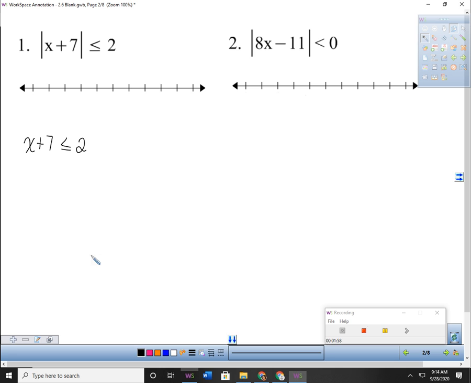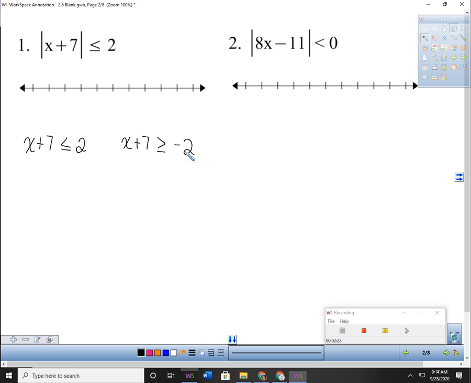Then you set up the other absolute value, which would be the inside, so that stays the same. But you're going to flip this around, and you're going to change this side to a negative.